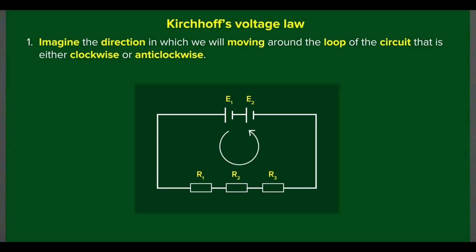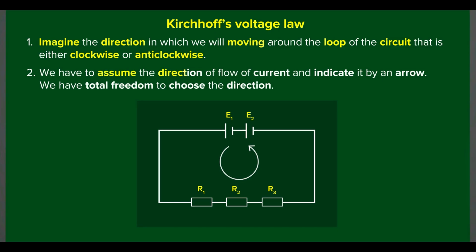The second rule is we have to assume the direction of flow of current and indicate it by an arrow. Here too, we have total freedom to choose the direction. Cool. In that case, let's assume our current is flowing in an anti-clockwise direction as well. Let's do that then. With that, let's move on to the third rule. This rule is related to the sign convention of potential differences for the sources.